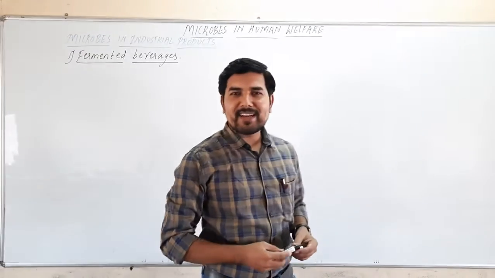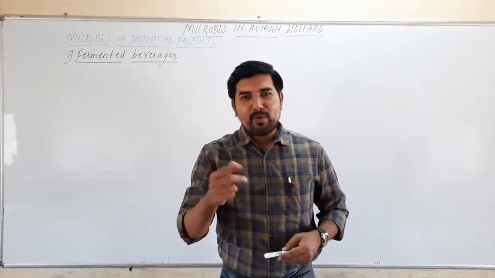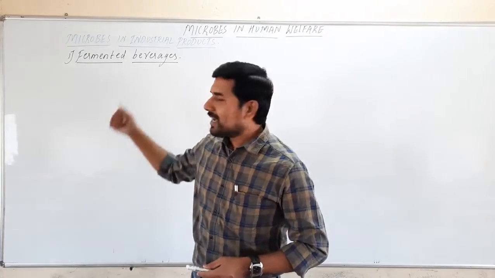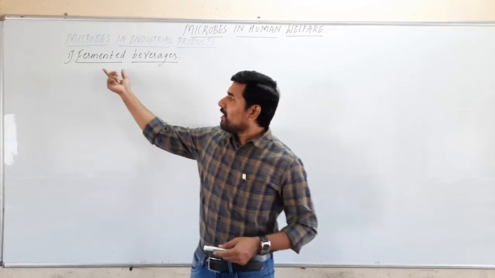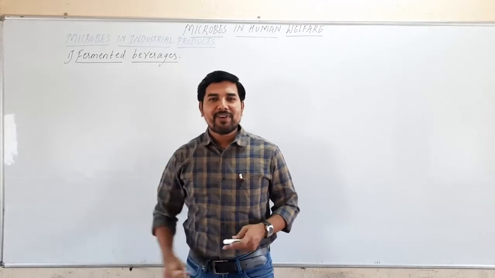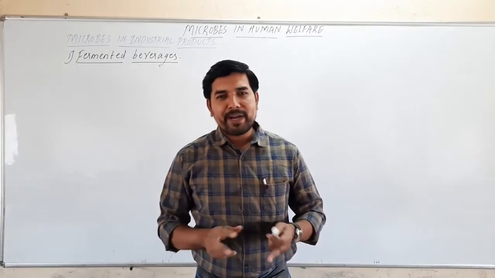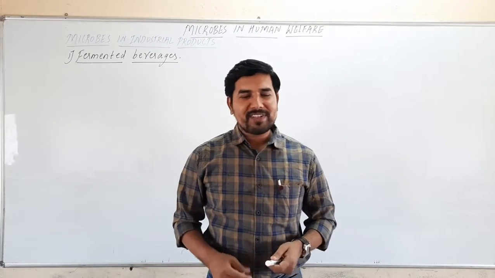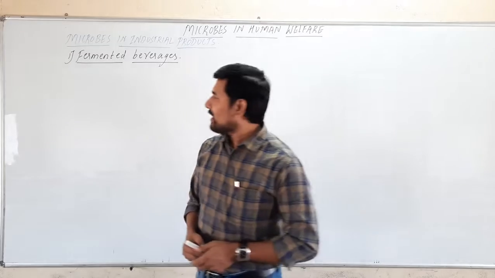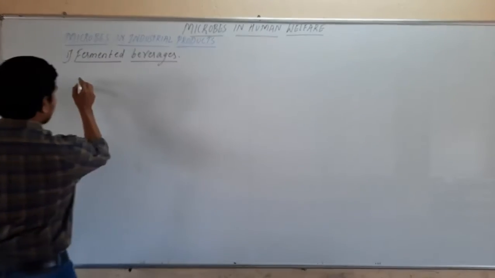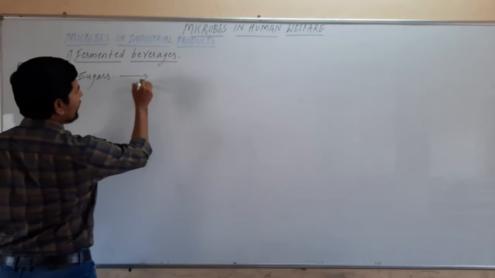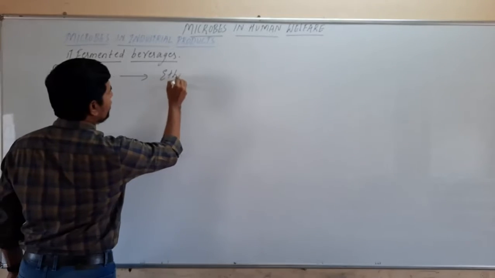Now beverages are carbonated products having a lot of carbon dioxide. Fermentation is a process where there is an anaerobic breakdown of certain food products. There is an incomplete breakdown of food products like sugars, an anaerobic breakdown of sugars into ethanol.